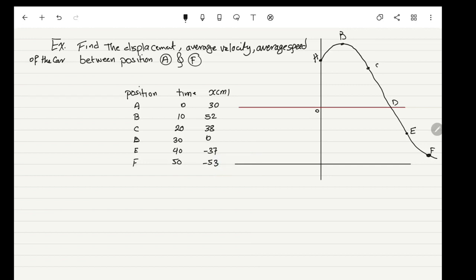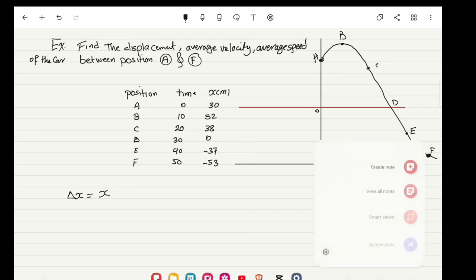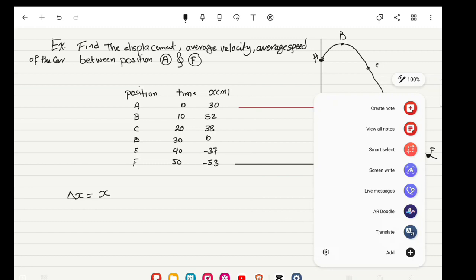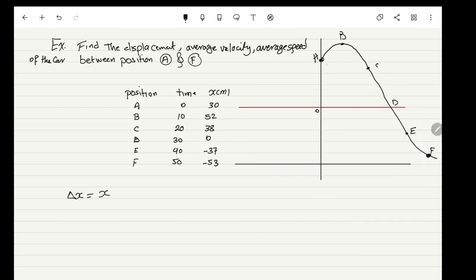Now, to find the displacement, displacement equal to delta x. Between the position A and F, we need to calculate the displacement. All we need here is the initial and the final position of the car's motion. The displacement equal to xf - xa.